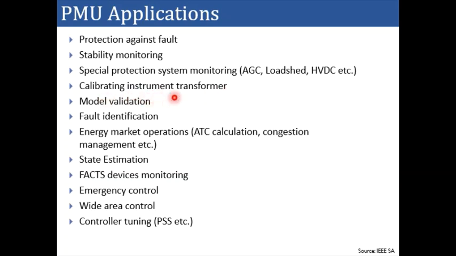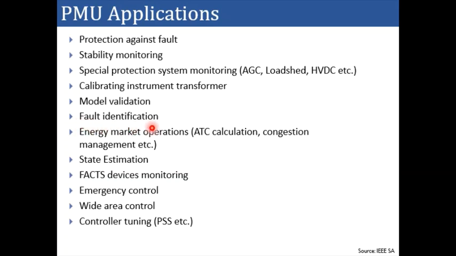Using that data, we can calibrate our instrument transformer. We can do the model validation. If we have developed any mathematical model, we can use the PMU data to fine tune the model output, because we consider PMU data as the most accurate data available.